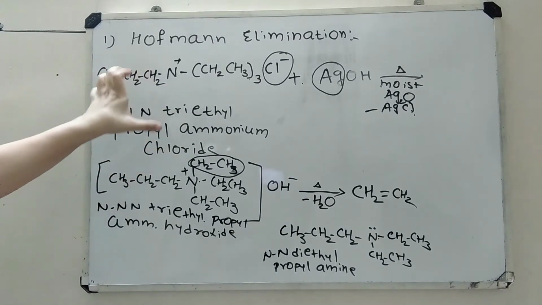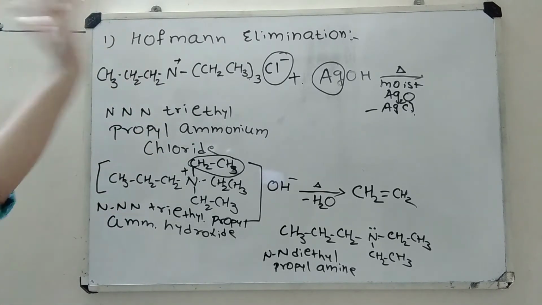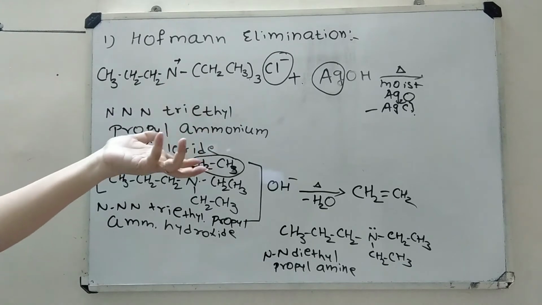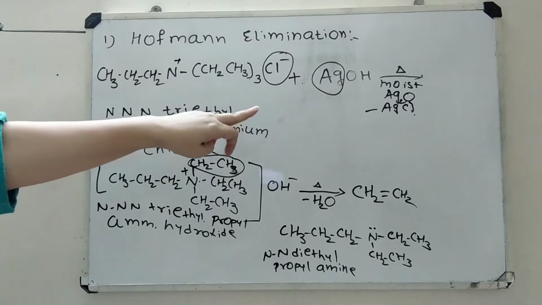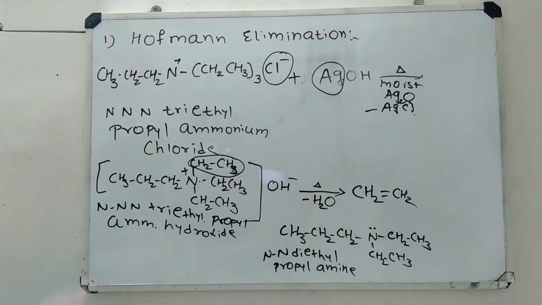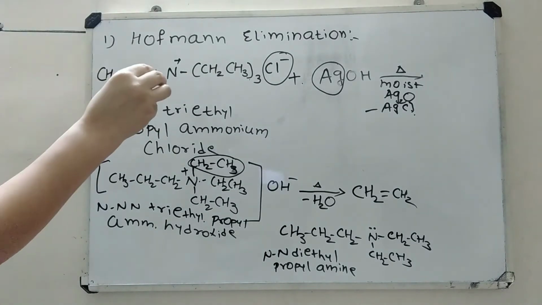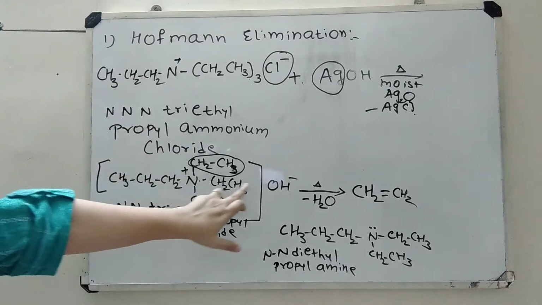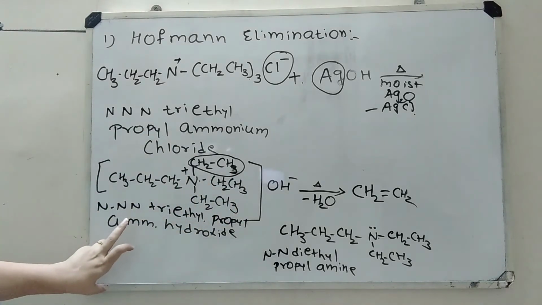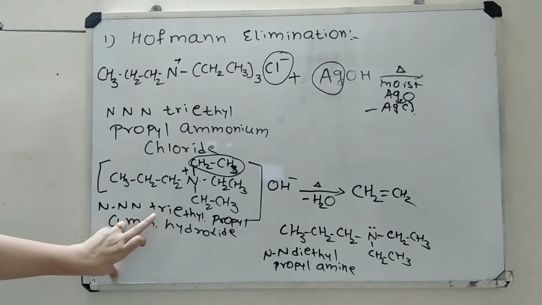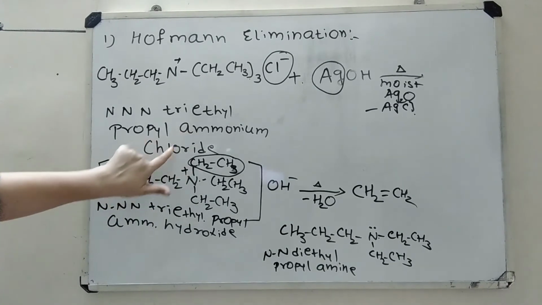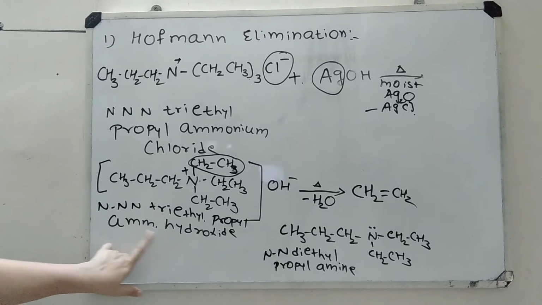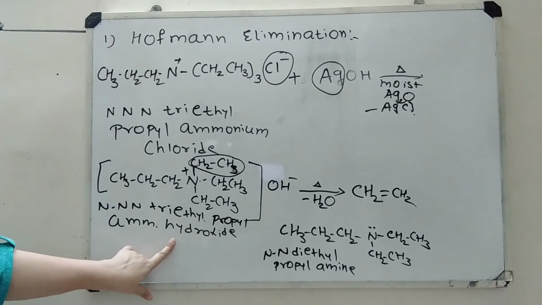When this quaternary group is heated with moist silver oxide, and moist silver oxide means nothing but AgOH, we just change the name: instead of ammonium chloride, we put ammonium hydroxide. That is the only difference.